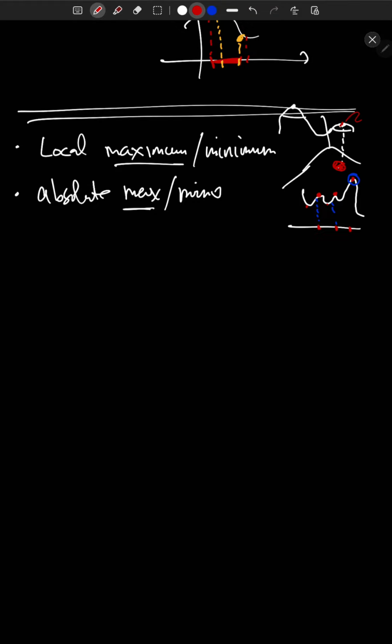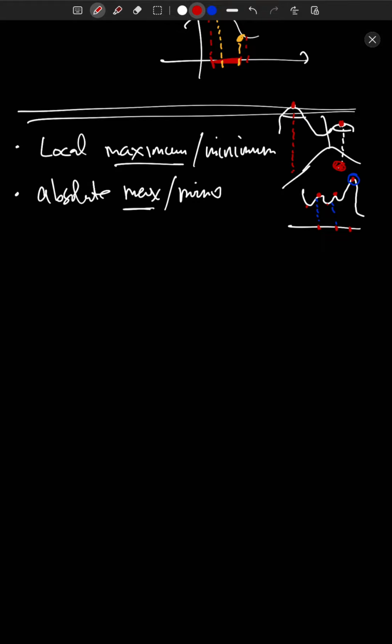The first hill here is a local max, but not an absolute max, because this other point over here is even higher. So local max or min means biggest or smallest in your neighborhood. Absolute max or min means biggest or smallest value overall in the region that you're interested in.